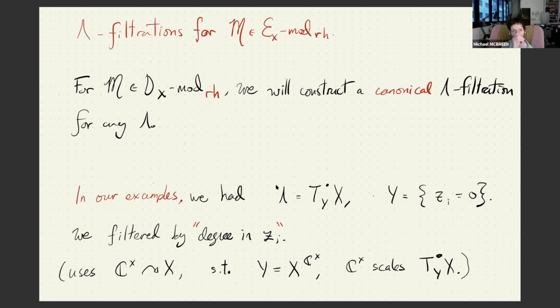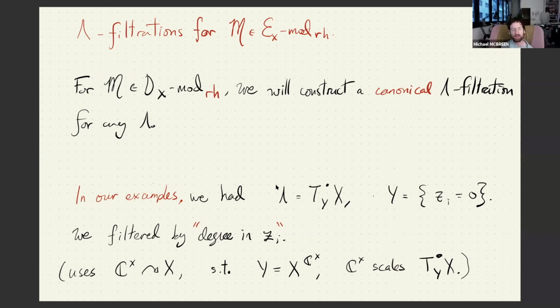So in general, for a regular singular holonomic D module, you can construct a canonical lambda filtration for any smooth conic Lagrangian lambda. So I'll explain how to do that.